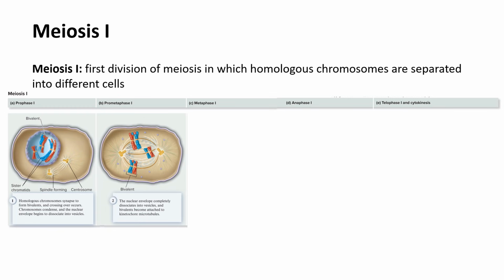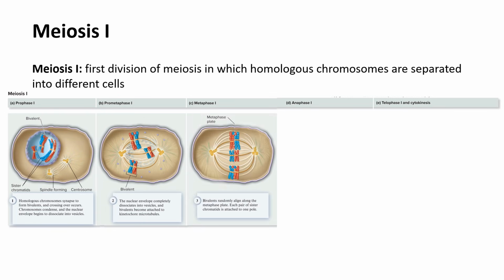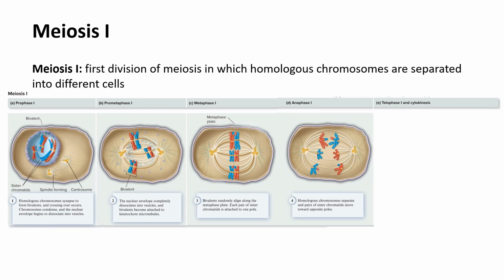Here is where your key difference is between meiosis and mitosis. During metaphase I of meiosis, notice the homologous pairs of chromosomes line up. And so then, as a result, in anaphase I, the homologous pairs of chromosomes are pulled apart from each other.